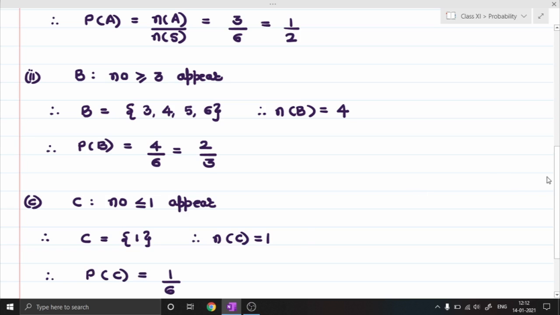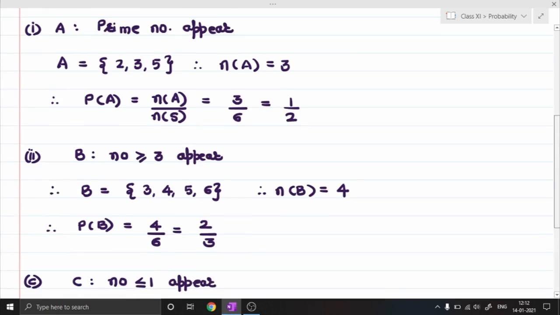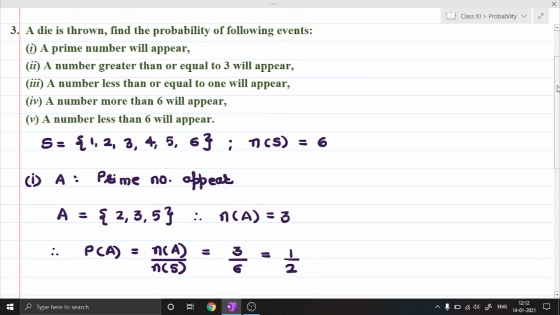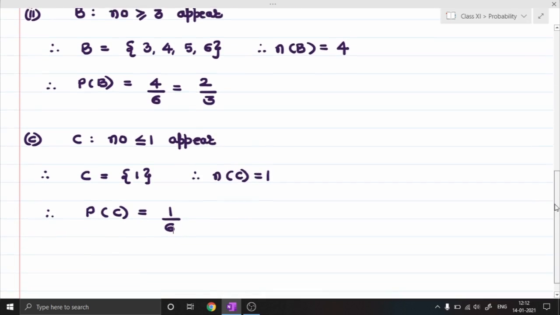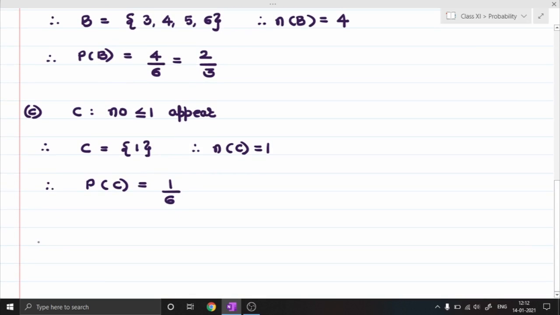Similarly, let us check part D. In part D, they are saying a number more than 6 will appear, and in part E, they are saying a number less than 6 will appear. Let's see part D first. The number should be more than 6.